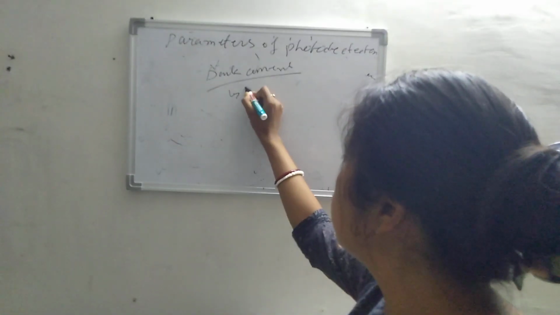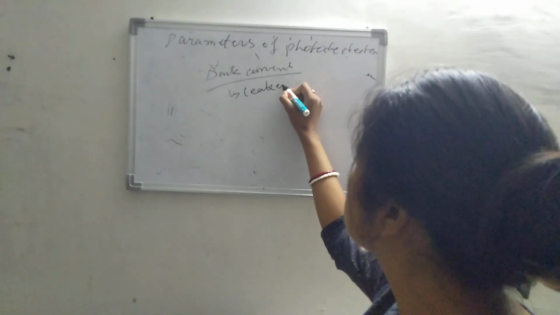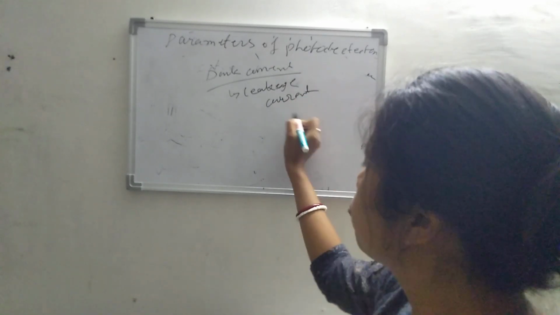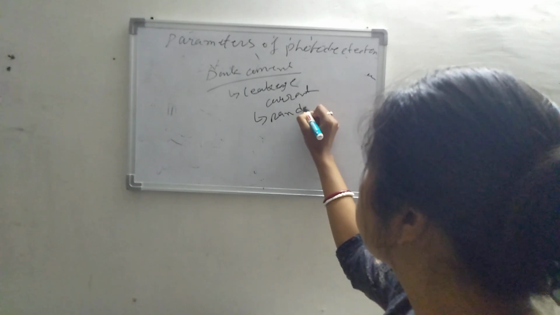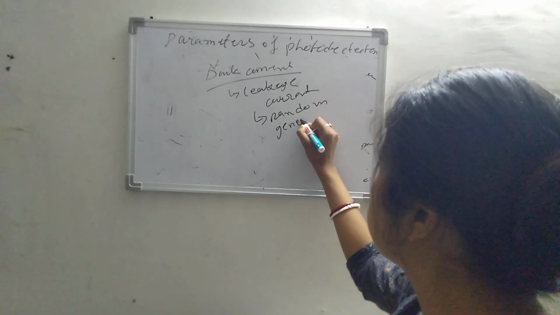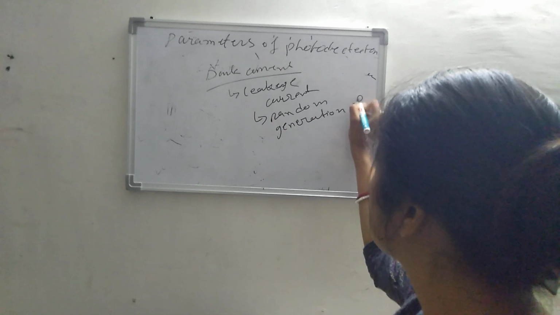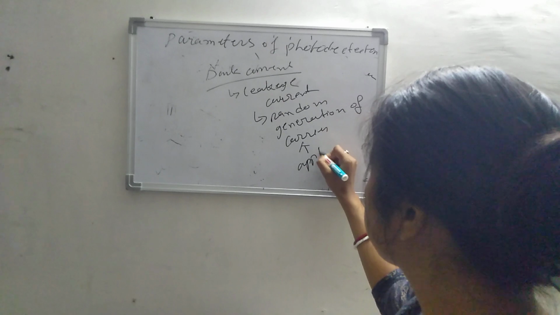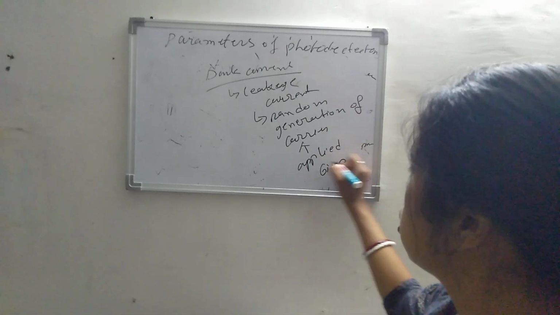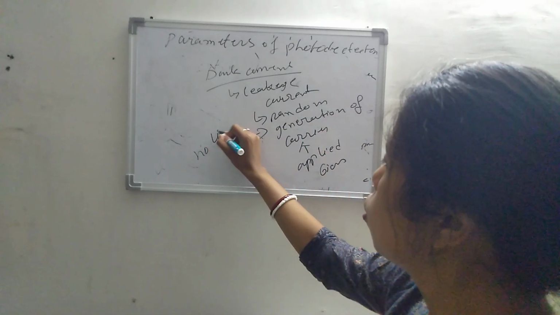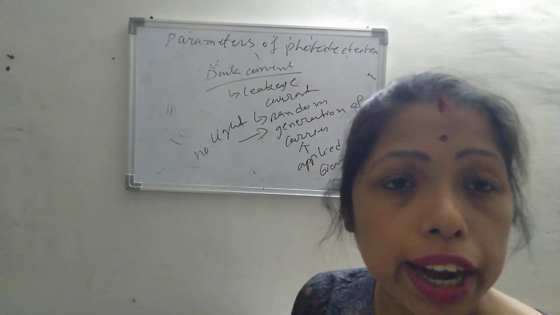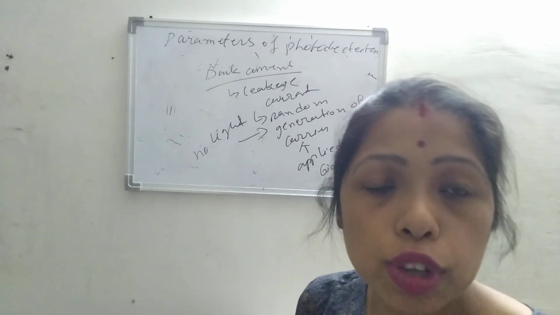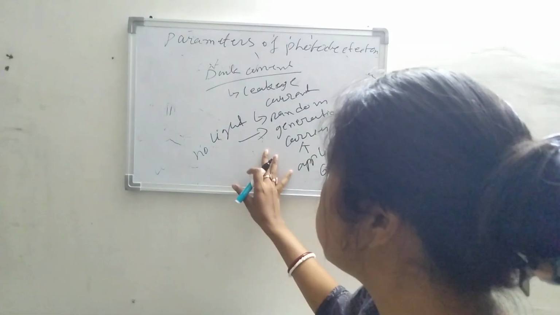It is due to the random generation of carriers with applied bias, no light. Under absence of light, if you get any free carriers with application of the reverse bias, you will get the dark current.